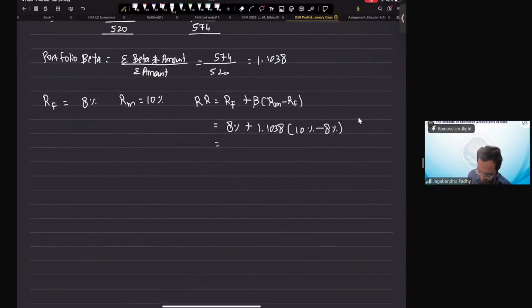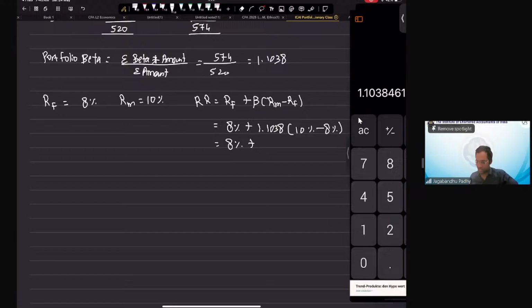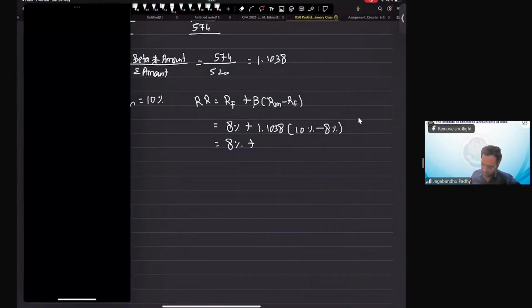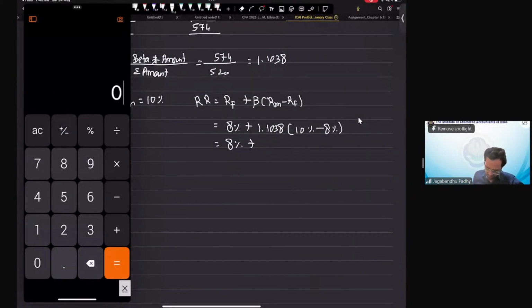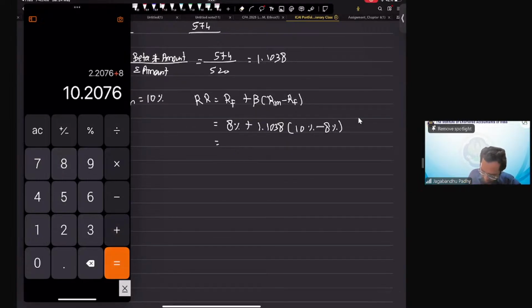That's equal to 8% plus 1.1038 into 2%. To that you add 8, so that works out to be finally 10.2076%.